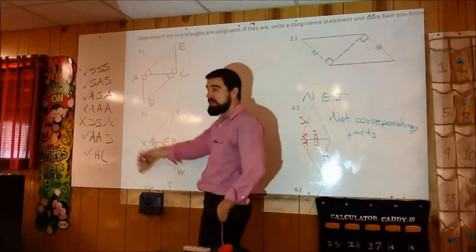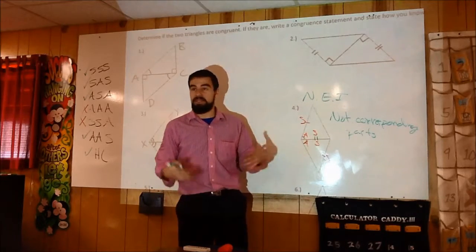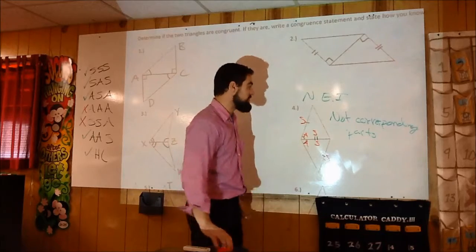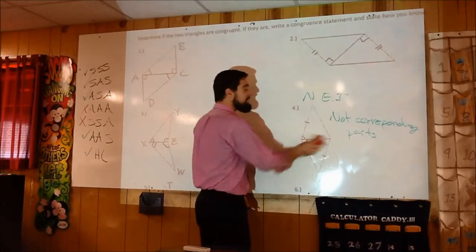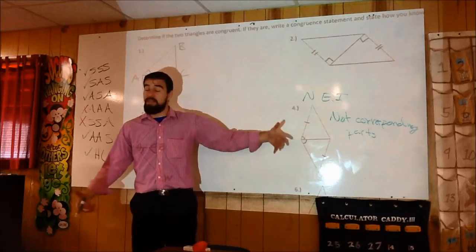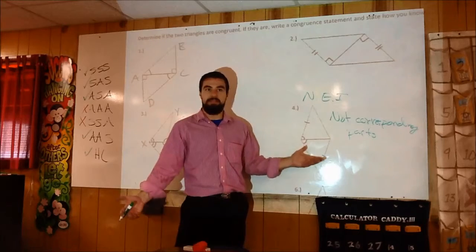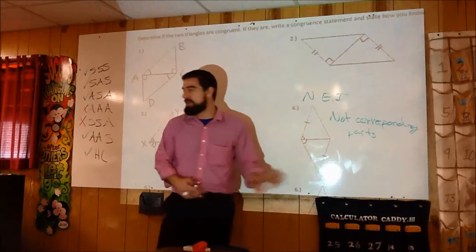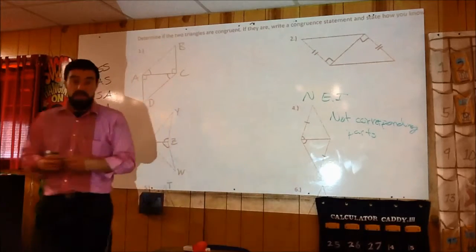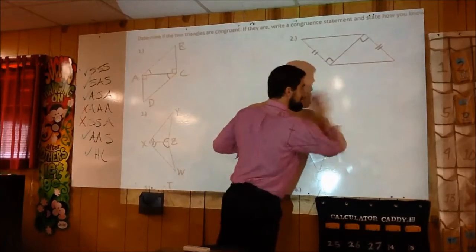It's not one of these acronyms, because it's two different acronyms. It's just not corresponding parts. So this is what I would need to see. And if we're saying there's not enough information, then don't write a congruency statement. Just stop there and leave it be. Even if we wanted to, we couldn't because we don't have the vertex names.